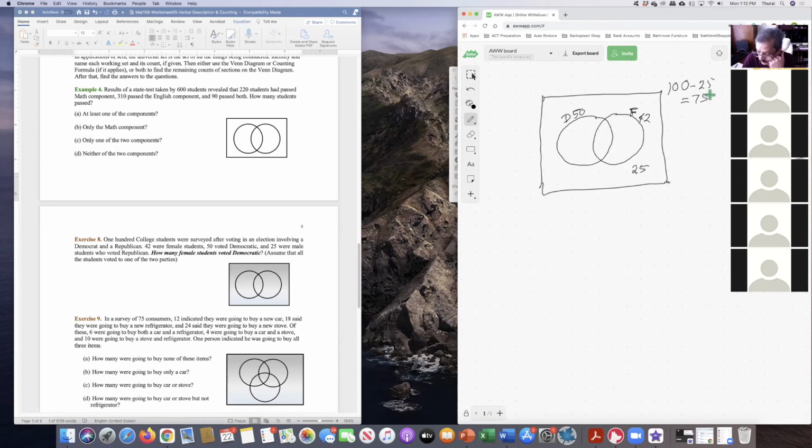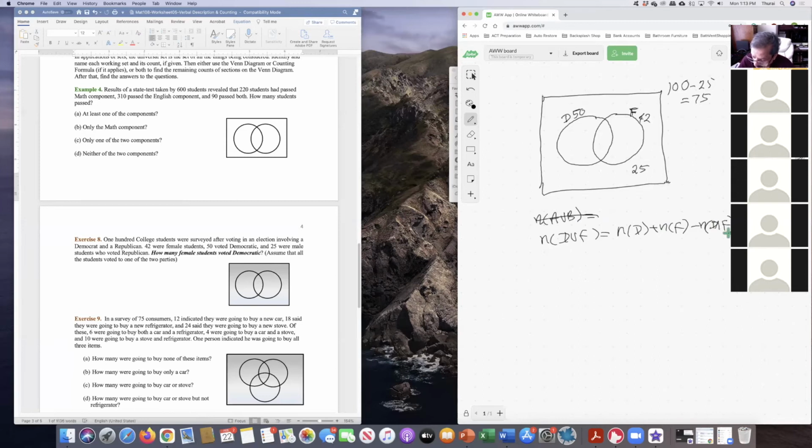So we have two circles together, but we don't know each individual section. We know the two circles together. So there are two ways to handle it. One is to apply the union rule: count of A union B, in this case count of D union F, equals count of D plus count of F minus count of D intersection F. This is one way. There are other ways.